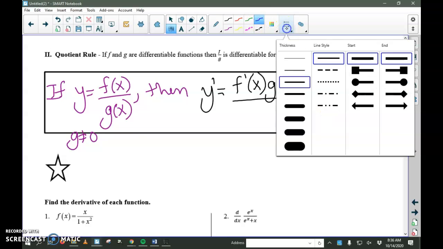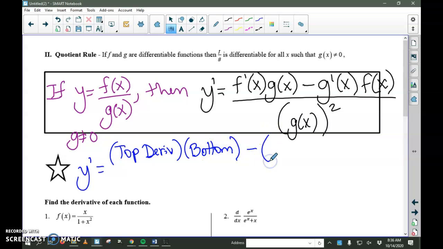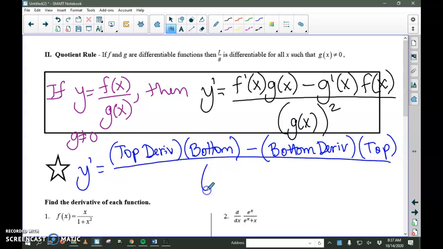Okay, so a little bit more to this particular derivative. And again, I like to get things in words, okay? So we say y prime is equal to whatever the derivative is of the top function, times just the bottom function, just a rewrite of that bottom function, minus the bottom function's derivative times, again, a rewrite of that top function, okay, all divided by whatever that bottom function is squared, okay?